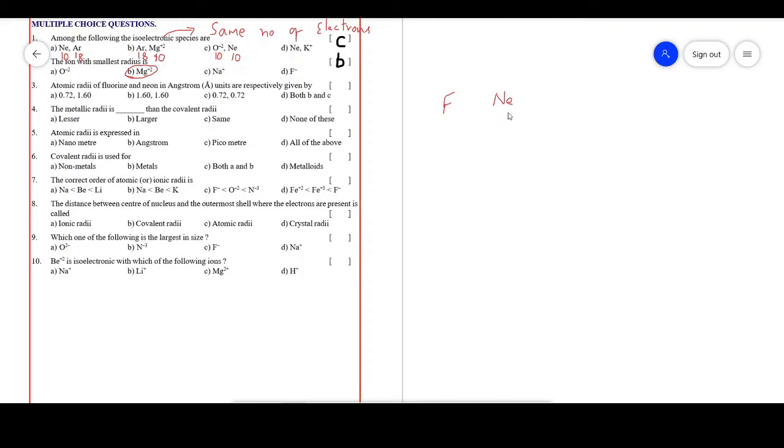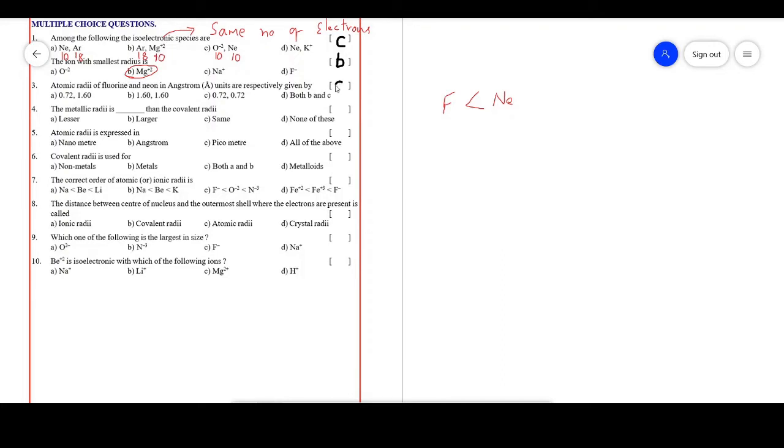But in neon there is van der Waals radius, so neon is having a larger size than fluorine. So fluorine will have the smaller size. This is 0.72, and neon, the second option, will have the larger value, 1.6. So A is the answer.